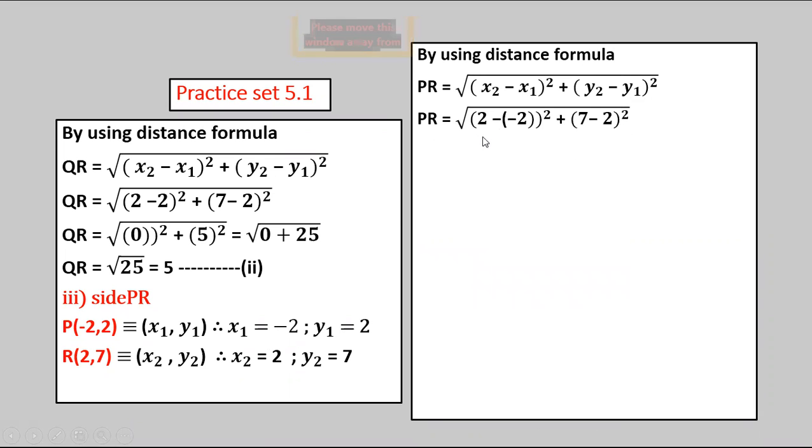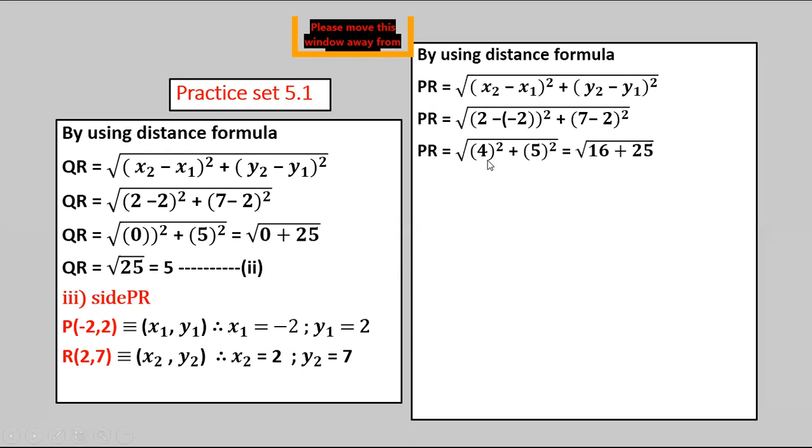Substituting the values, PR is equal to square root of (2 minus (-2)) square plus (7 minus 2) square. Here 2 minus minus plus, 2 plus 2 is 4 square, 7 minus 2 is 5 square. 4 square is 16 plus 5 square is 25. PR is equal to square root of 16 plus 25. Therefore, PR is equal to square root 41. We get equation number 3.